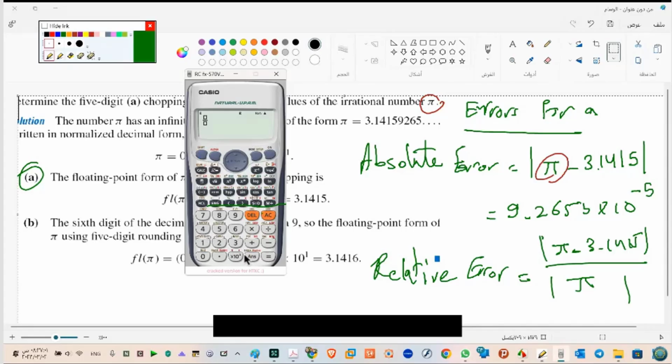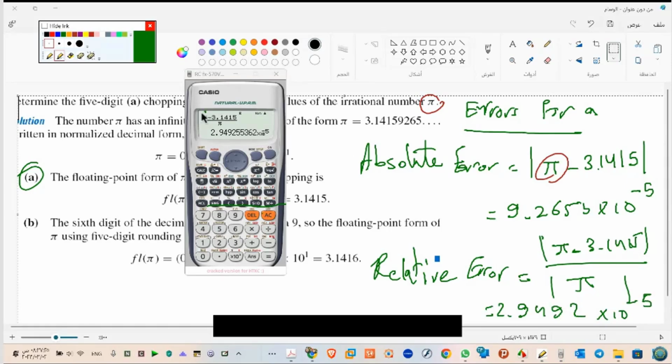Use shift pi minus 3.1415 over shift pi, like this. It is 2.9492 times 10 exponential minus 5.